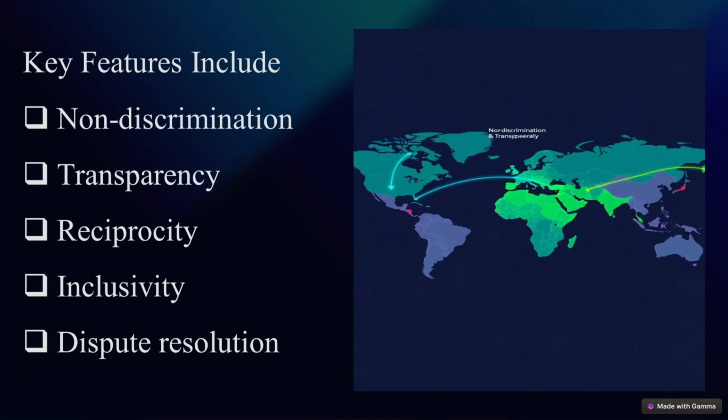Now, what is non-discrimination? As the name suggests, the principle of most favored nation treatment is central to multilateral trade. There should not be any kind of discrimination among the countries who engage in international trade.